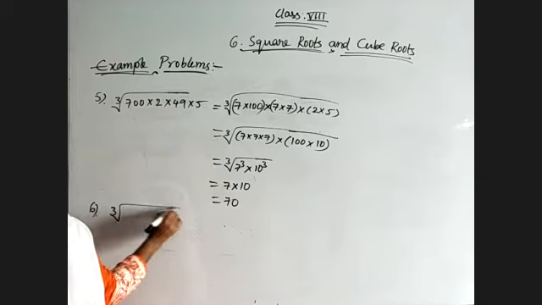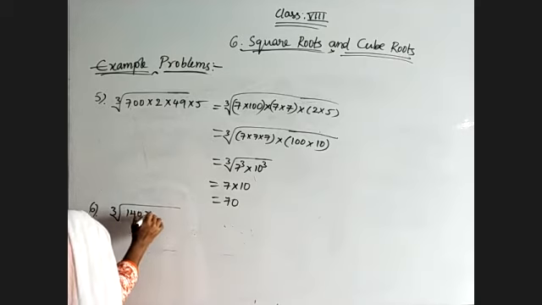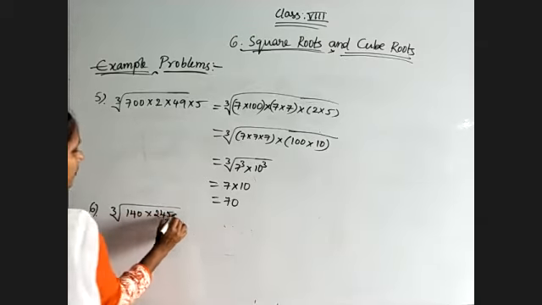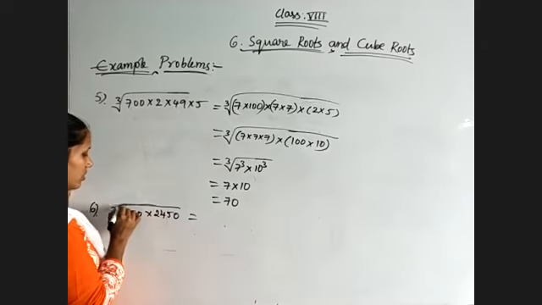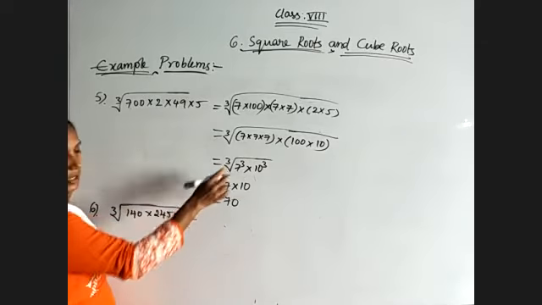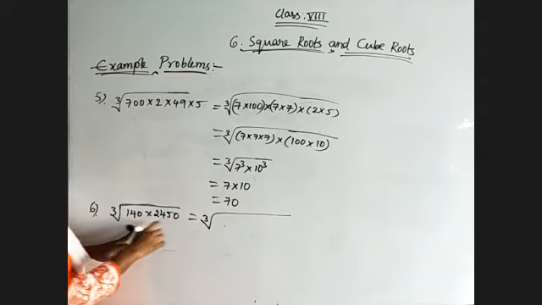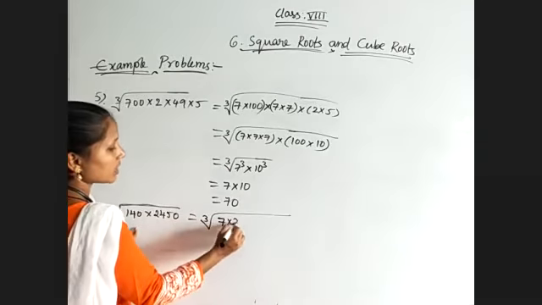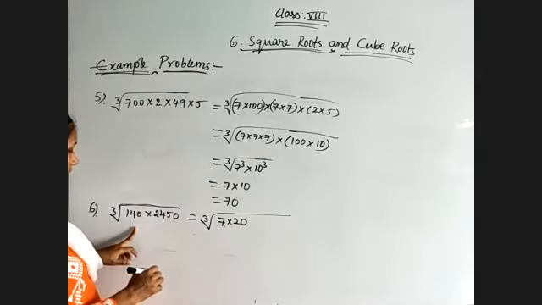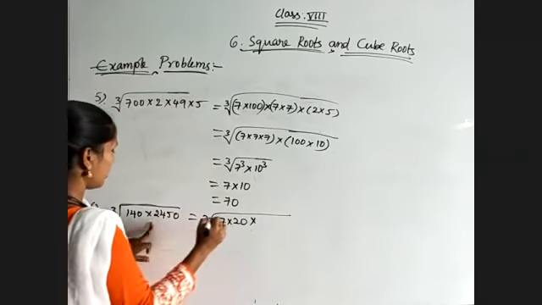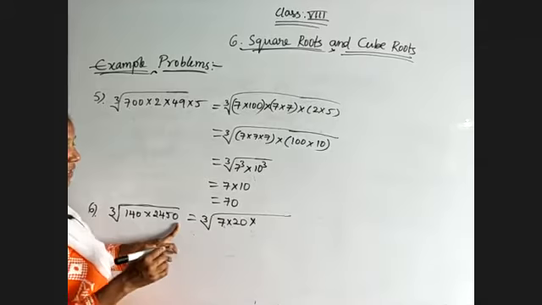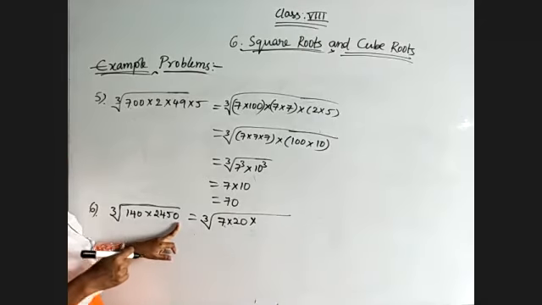Cube root of 140 into 2450. So try to write like this, cube values. What will you get? Cube root of 140 I am writing as 7 2 10s. And 2450, it is also like 10 only I am writing.